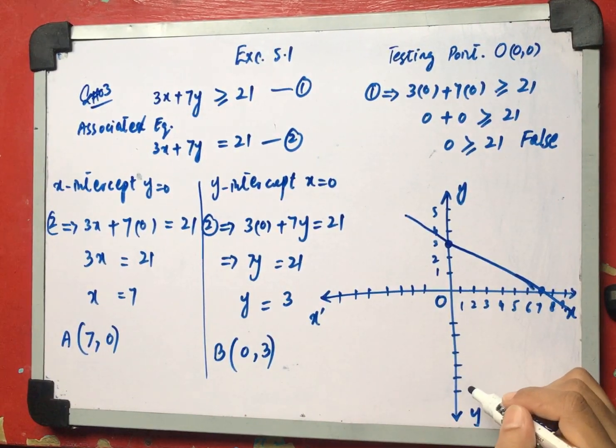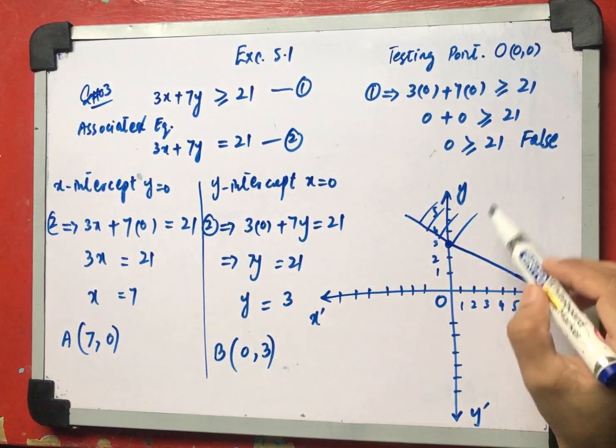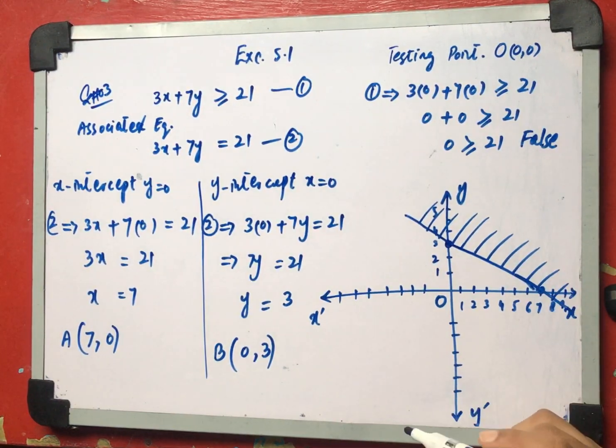Now which area would be shaded? Away from the line, because at the testing point the given inequality is false.